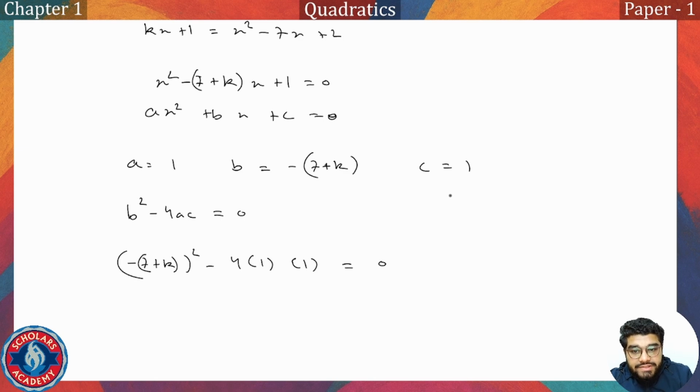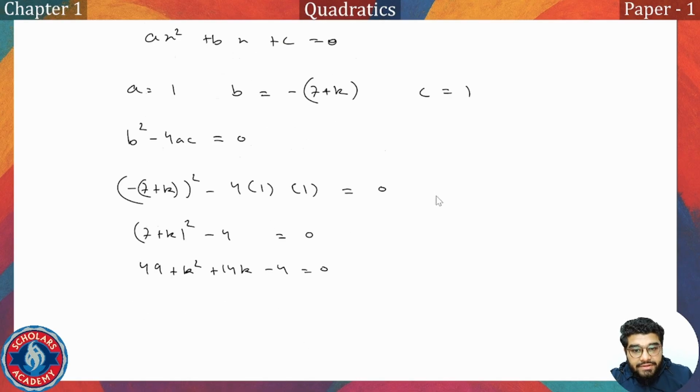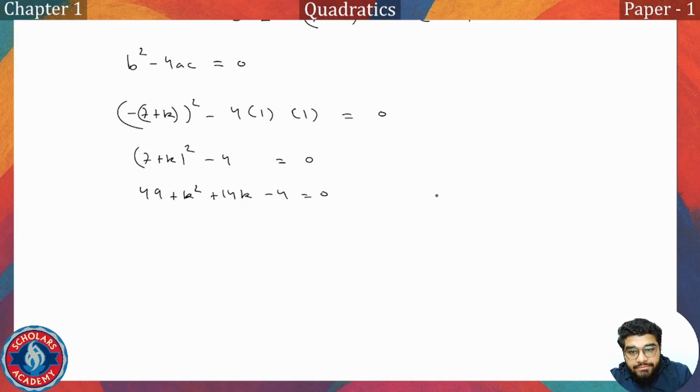So (7 plus k) whole square minus 4 is equal to 0. If we open this whole square, we get 49 plus k square plus 14k minus 4 is equal to 0, right? So if we simplify it, we get k square plus 14k plus 45 is equal to 0, right?